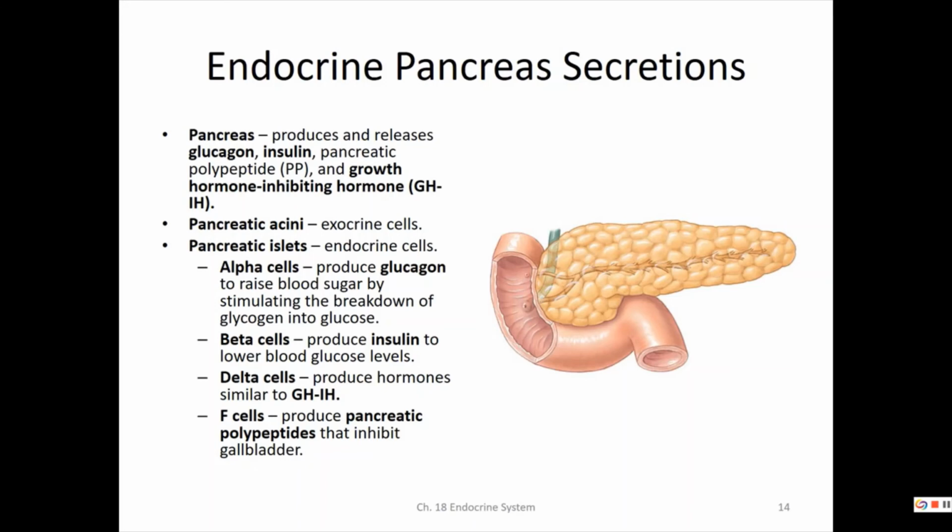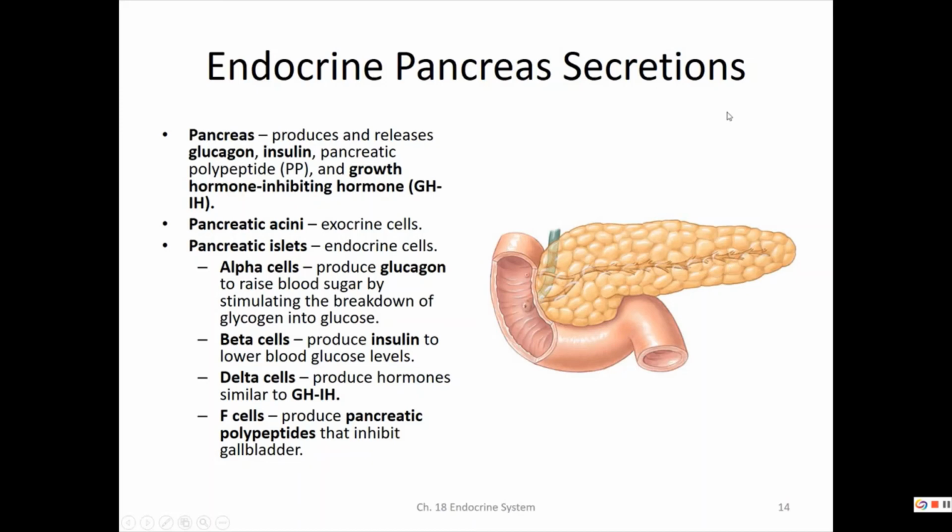Now remember the acinar cells. These are exocrine cells, which means they secrete into the duct. Here you can see a duct in this gland. The acinar cells at the end of the gland make digestive enzymes that enter the duct and go out into the digestive tract.